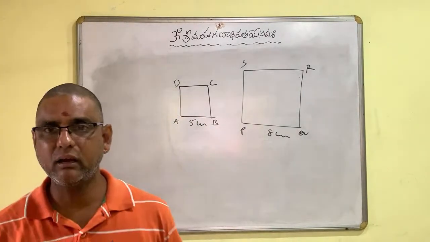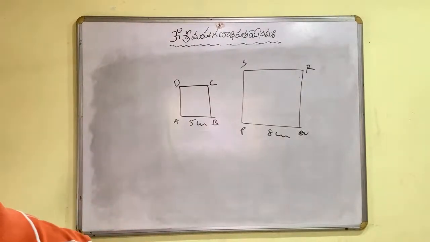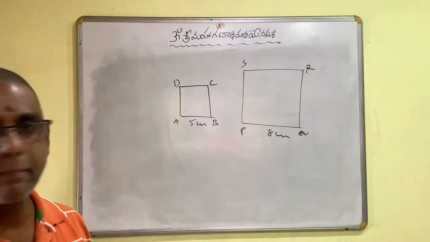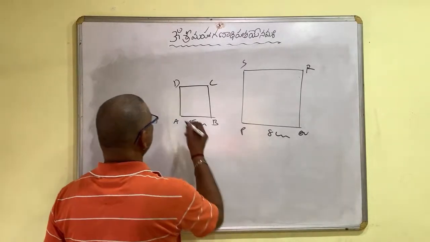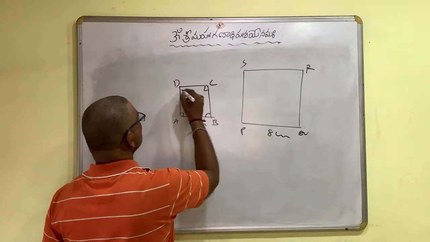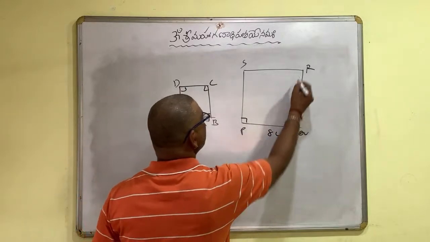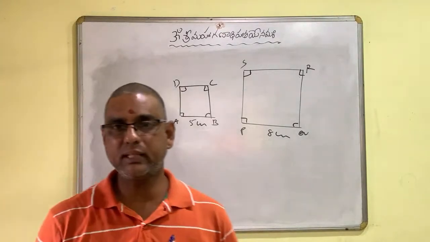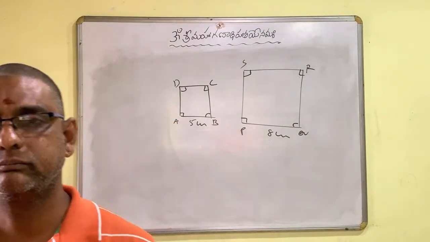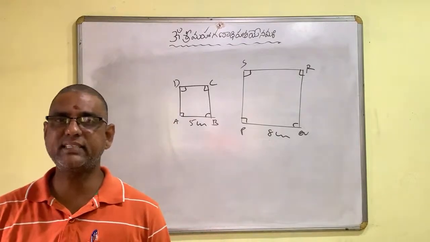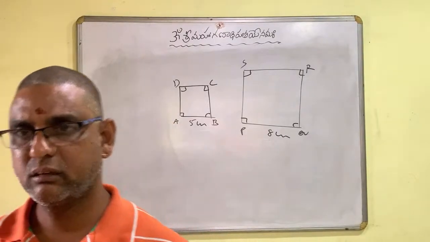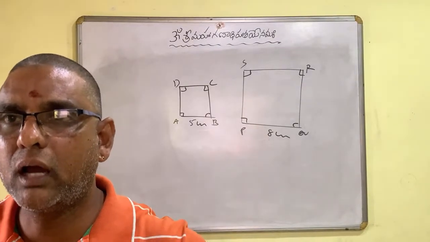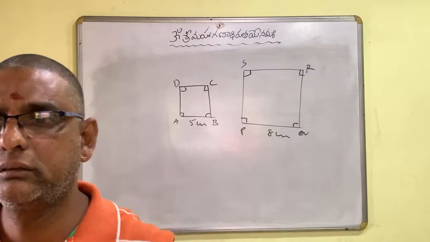ABCD is a square, PQRS is also a square. This is of 5 centimeters, this is of 8 centimeters. Can I say these two squares are similar? Are they satisfying all the three conditions?